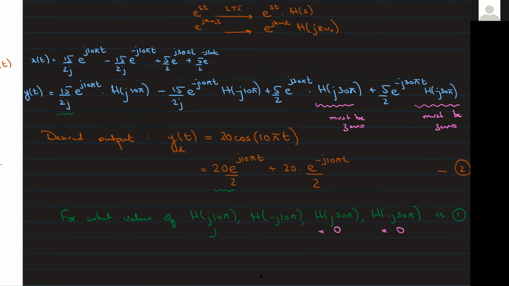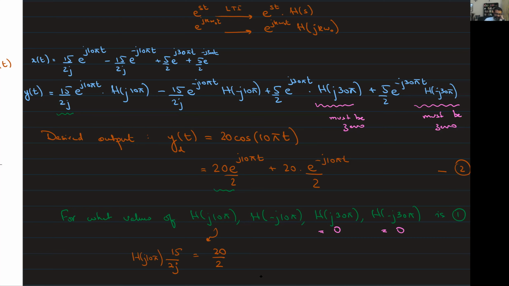So you just need to ensure that 15 divided by 2j must be equal to 20 divided by 2 times e to the power j 10 pi t.